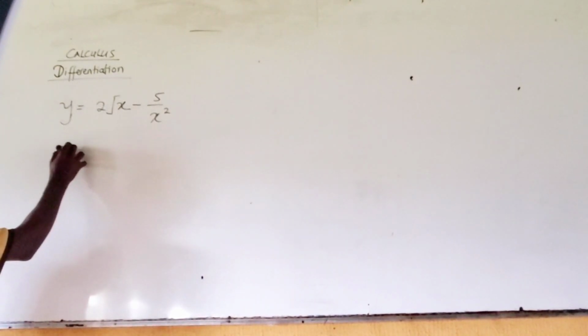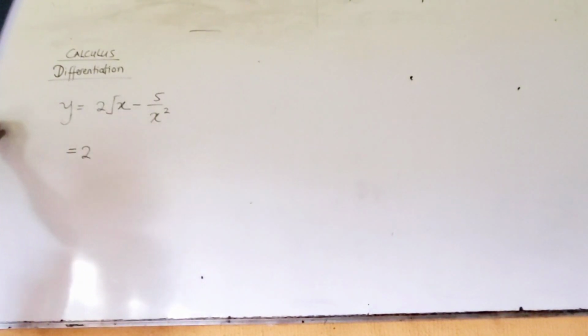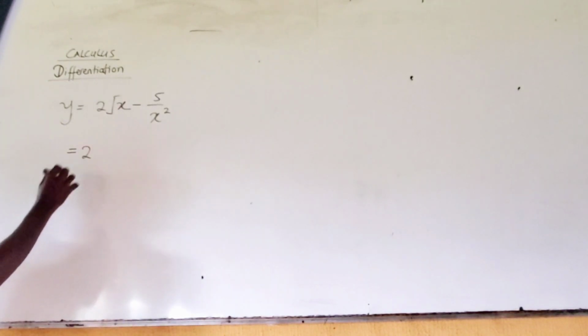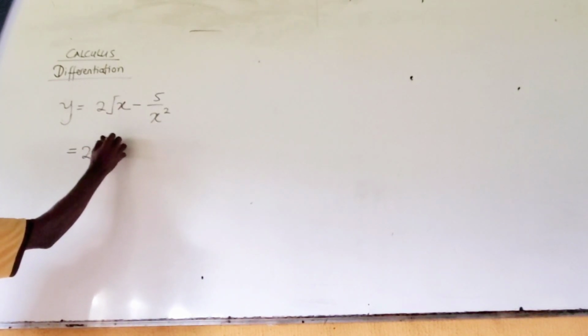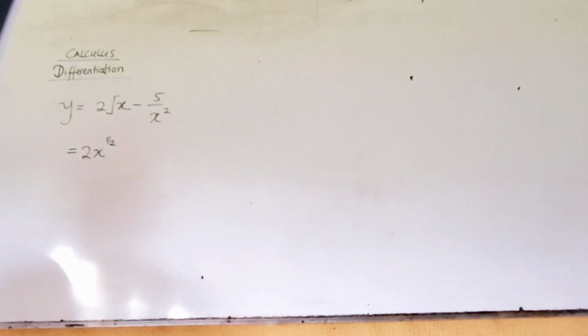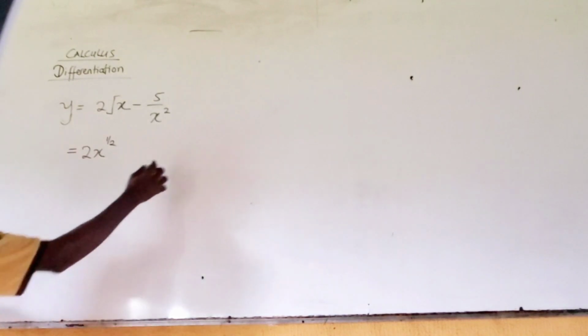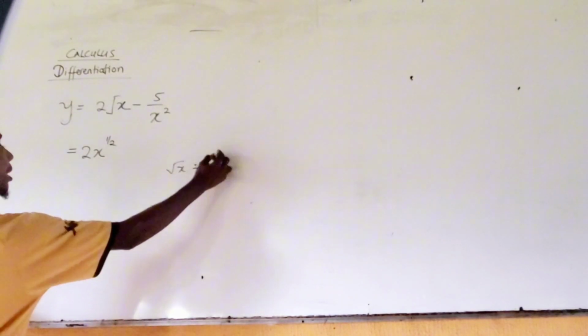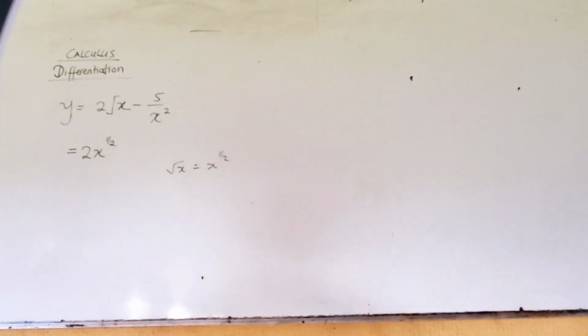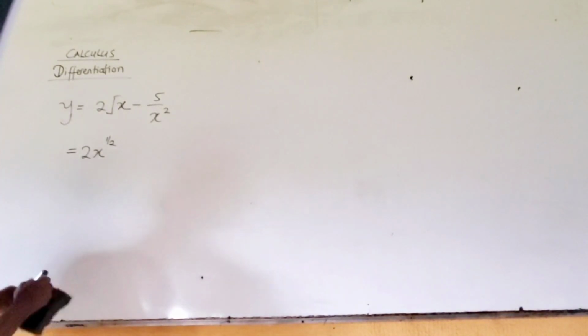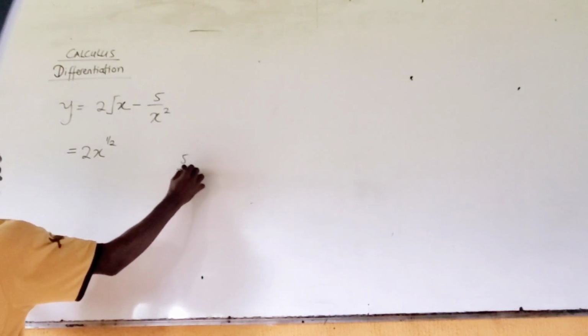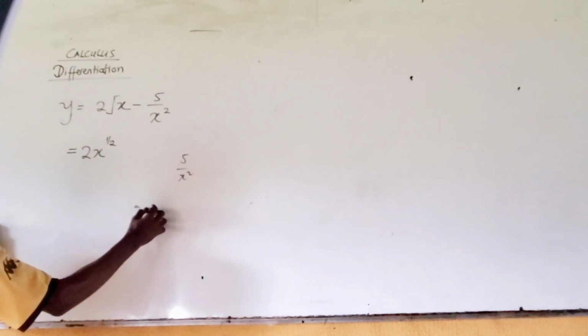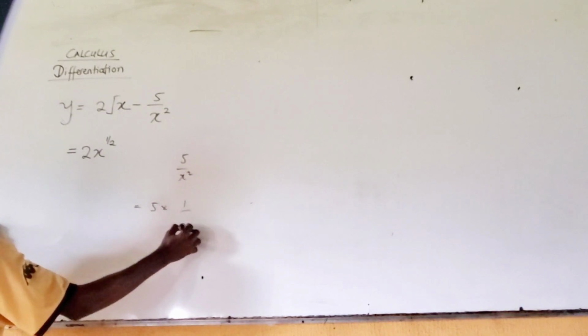By the law of indices, you agree with me that root x is the same thing as x raised to the power half, so this becomes x raised to the power 1 all over 2. So take note that root x is the same thing as x raised to the power half. Then to also express 5 all over x squared, it is the same thing as 5 times 1 over x squared.